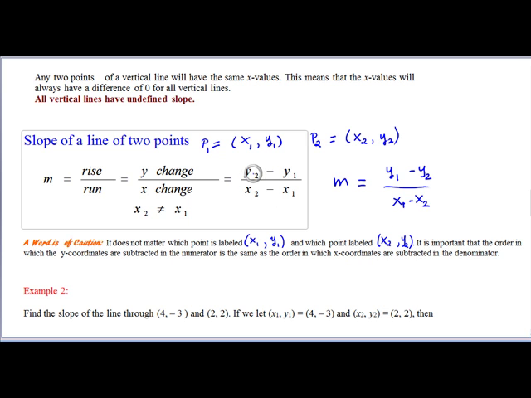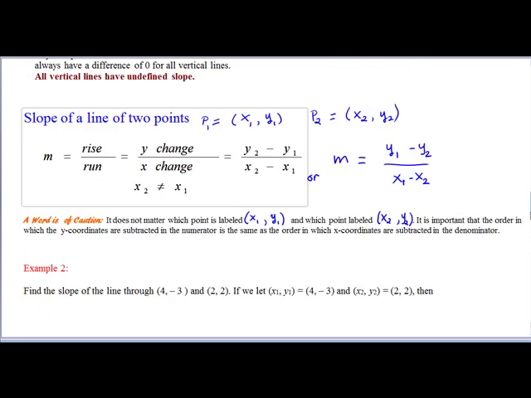If you have y2 here, you should have x2 there; if you have y1 here, you should have x1 there. Not swapping around.